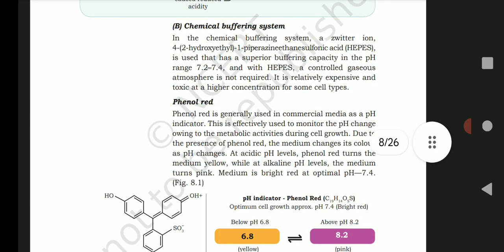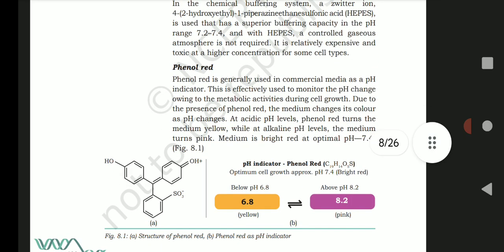Another chemical buffer used is phenol red. Phenol red is commercially available in media that contain this pH indicator. It is effectively used to monitor the pH range during metabolic activity as well as during cell growth.